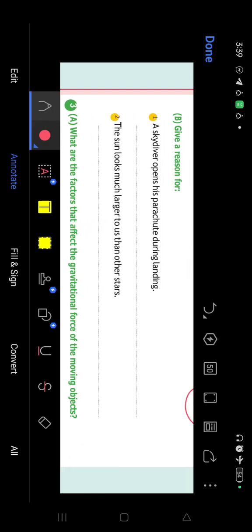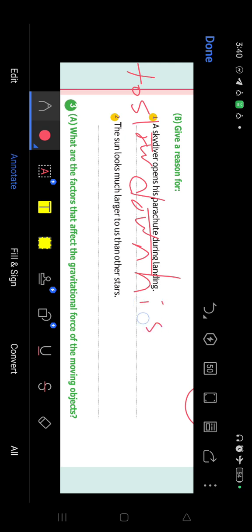Give a reason for the following. The skydiver opens his parachute during landing. Yes, to slow down the movement. Landing means falling down to the ground.